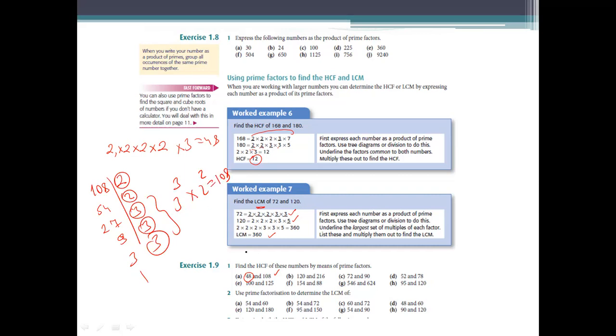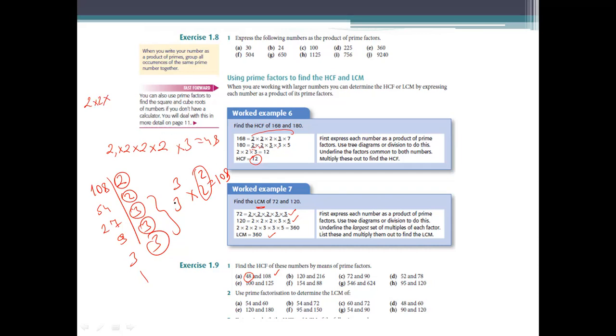Okay, so what was the question? HCF of these numbers. What was the HCF, for example, in the first question, 168 and 180? Exactly, we should take the smaller factors of both numbers. For example, for 2, which one is smaller? 2 exactly. That's why we should take 2 times 2, okay?